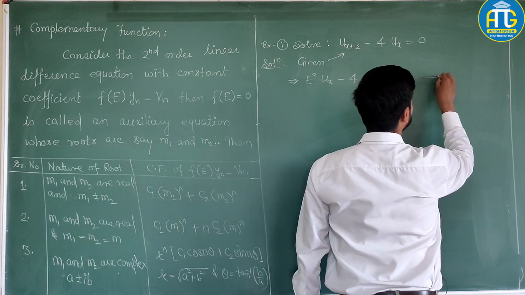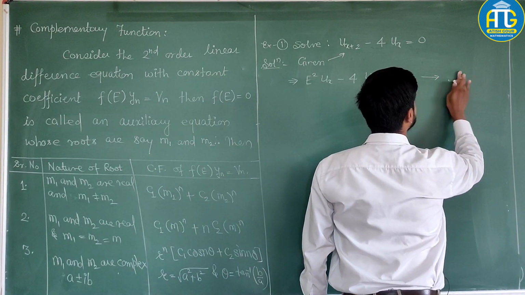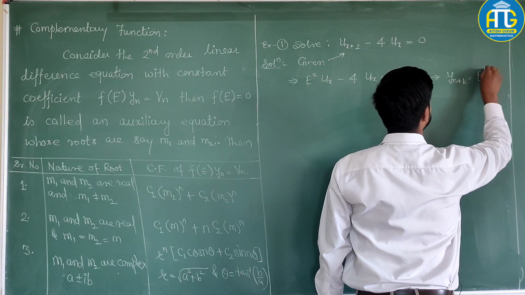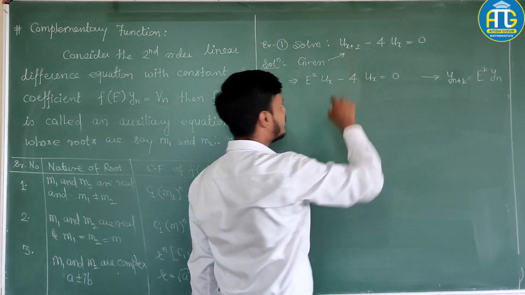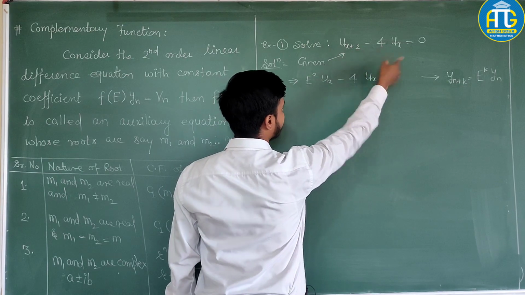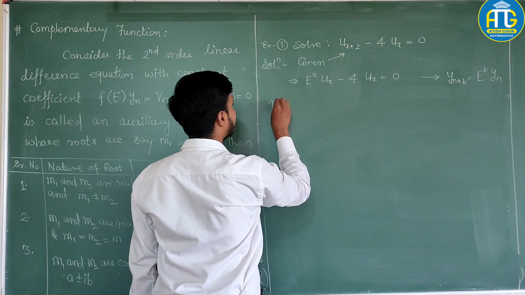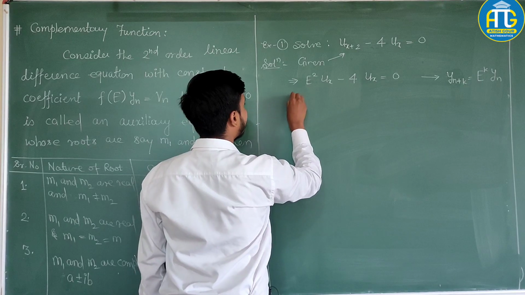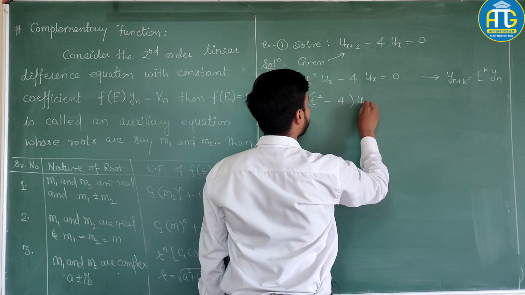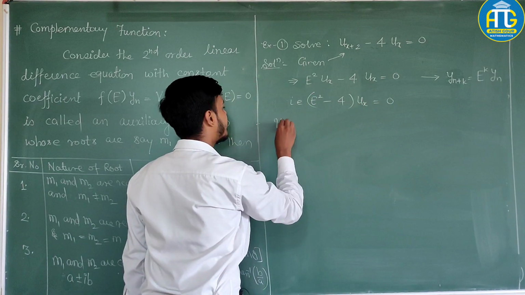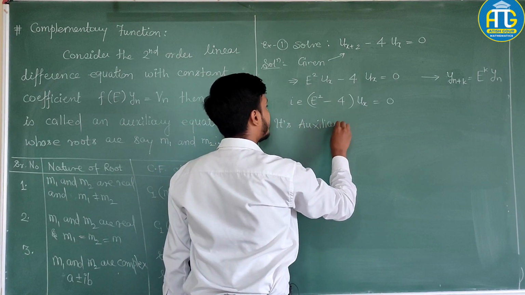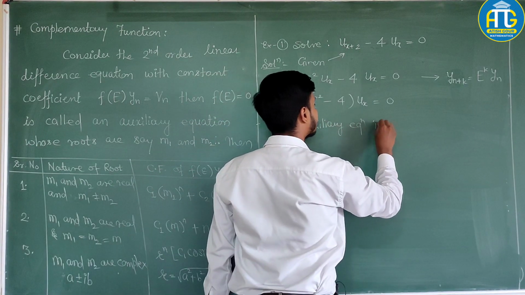If you don't know, I am writing here y n plus k is equal to E to the power k y n. Here we have u x, so this can be written as E square u x minus 4 u x. Now let me write that as E square minus 4 operating on u x is equal to 0. So what is its auxiliary equation?